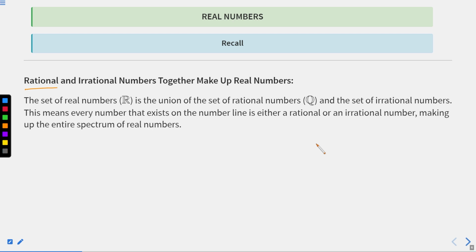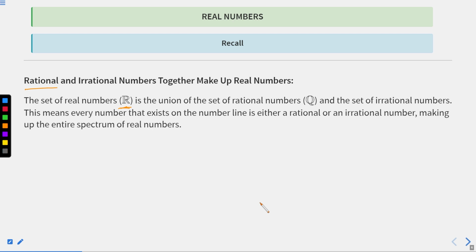Real numbers are denoted by bold R. The set of real numbers is the union of the set of rational numbers and the set of irrational numbers.